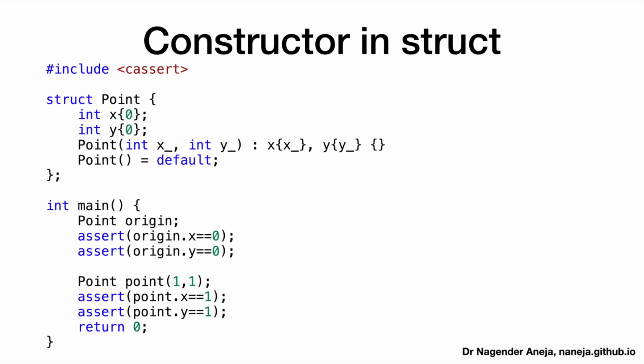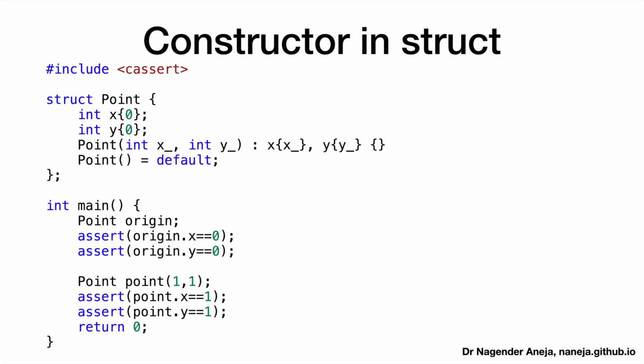values. If that is the case, then we should define the constructor here, and the constructor should not have any return type, and its name is the same as the class name. For example, it takes two values here, x underscore and y underscore, and the values are assigned to these x and y.